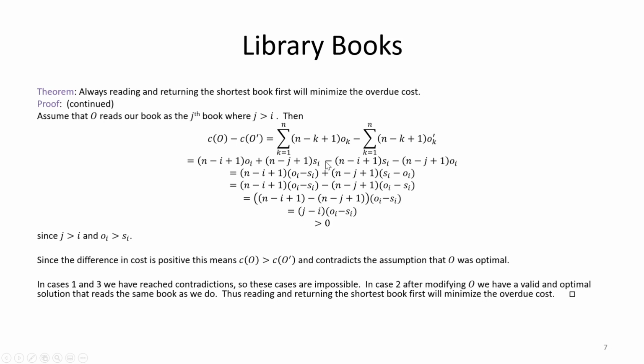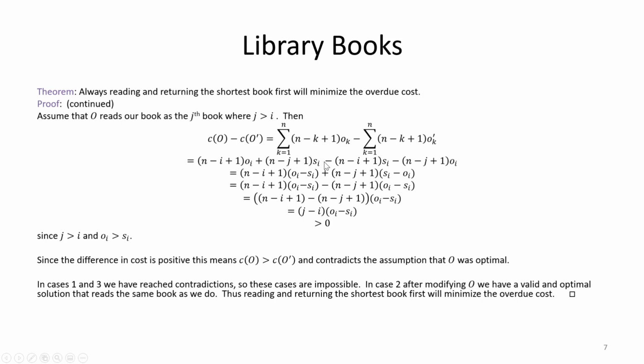The next thing I'm going to do is try and factor out the common terms. You notice we have 2 terms with n minus I plus 1, so we factor those out. Then we've also got 2 terms with n minus j plus 1, and we factor those 2 out. Let's do the first one.